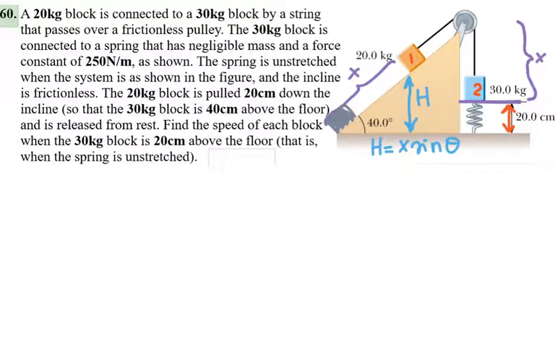When it is stretched, it has potential energy M2GX. It also has the energy of this little H, so M2GH. And we also have the spring stretch, so that's 1/2 K times X squared.